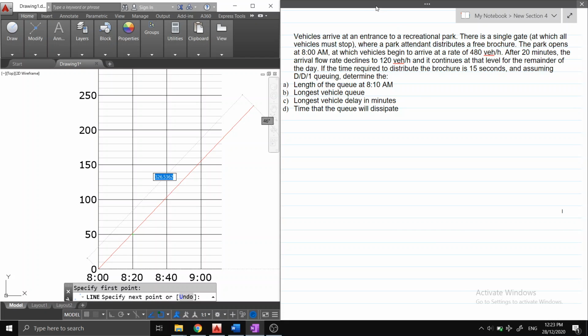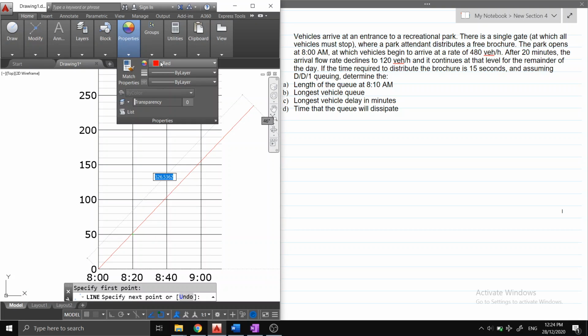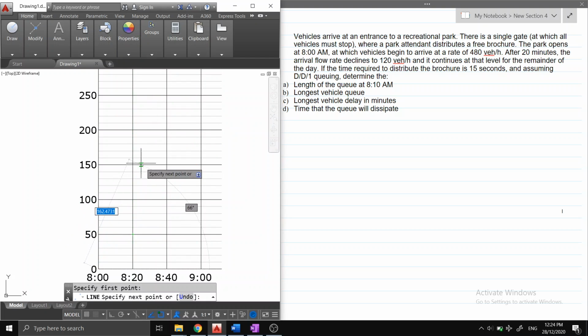So, magkakameron tayo ng 480 times 1/3. That is equal to 160 vehicles. So, 160. But, by 8:20, nabago yung ating arrival rate.